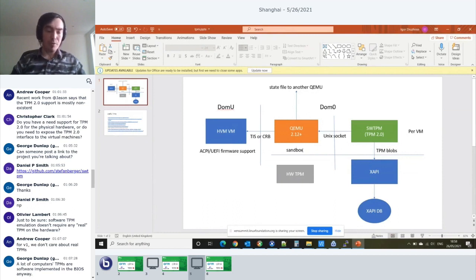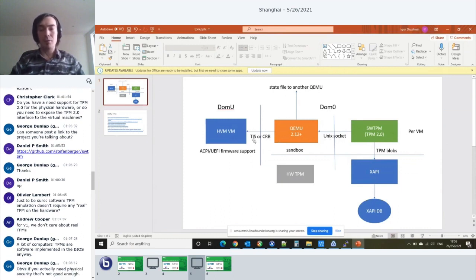There is no supported way of running it in BIOS VMs, so UEFI support is a must. Next, we have QEMU 2.12 plus, I think. Any version higher than this should be almost good enough. There are recent changes to make it more Windows friendly.